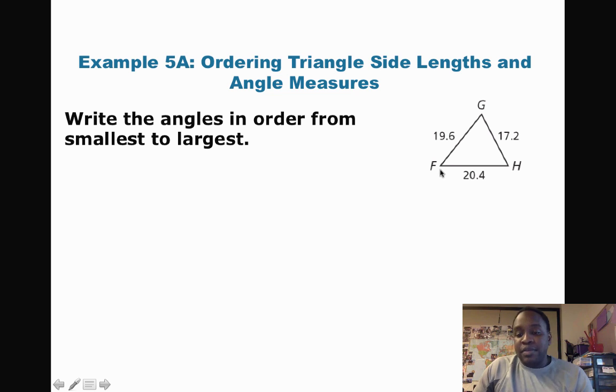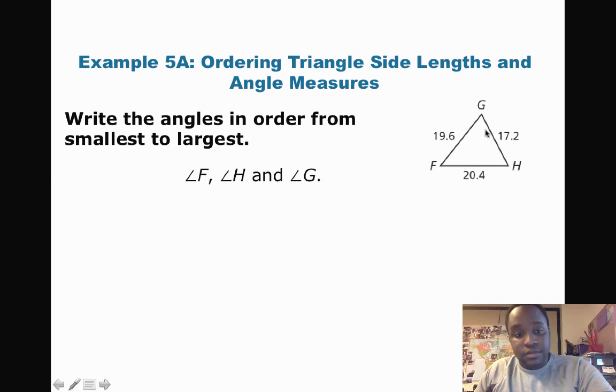We just know that it's going to be the smallest angle because it's opposite the shortest side. Next is FG. FG is the next shortest side, and it's across from angle H. So it's going to go angle F, then angle H, then angle G, because they're across from ascendingly longer sides.